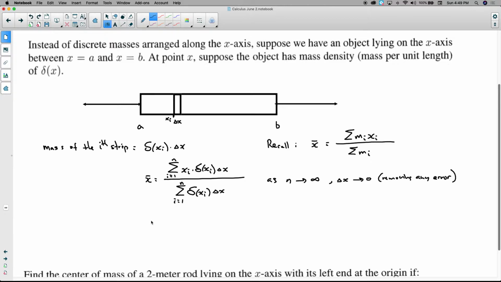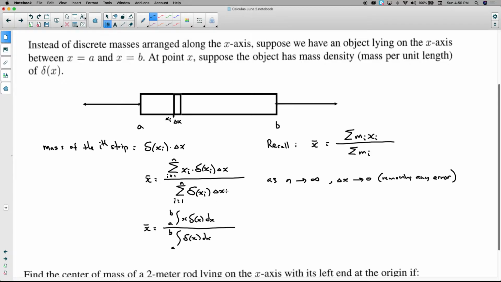Okay, so then I'm not going to roll through all of the argument as we once upon a time did, but then that leads to down below the integral of the density function from a to b, and up on top it's the integral of x times the density function from a to b.